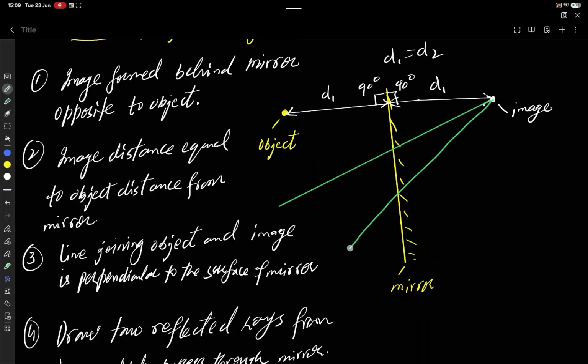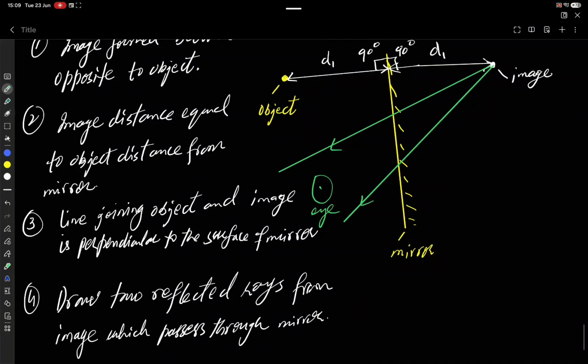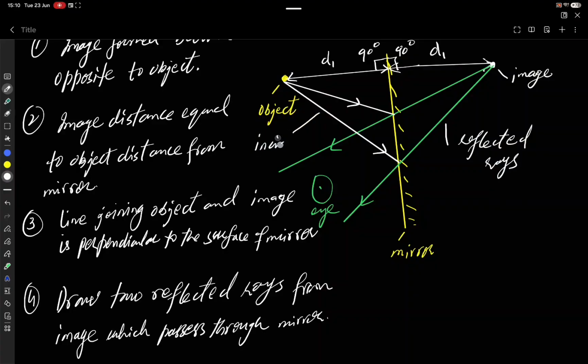At any angle you can draw it, and you have to draw multiple lines. So minimum you have to draw two rays. This is the incident ray, and this is the reflected ray.